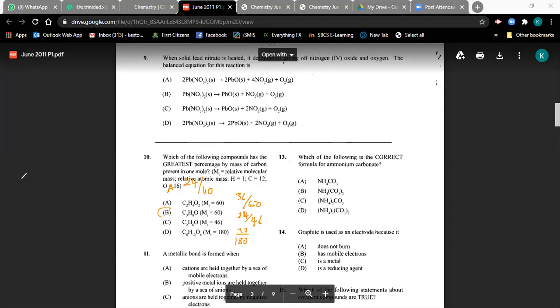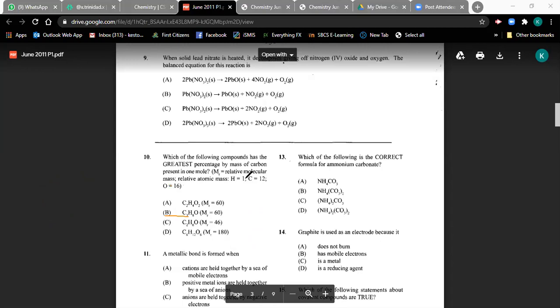How did I calculate that? 36 over 60 multiplied by 100. That's more than 50%. Half of 60 is 30. So 60%. Yeah? B is the correct answer.